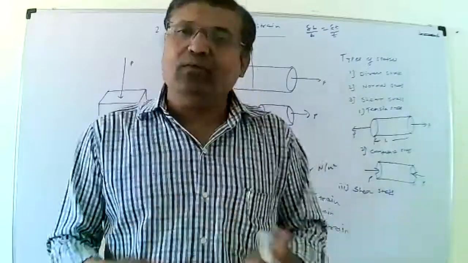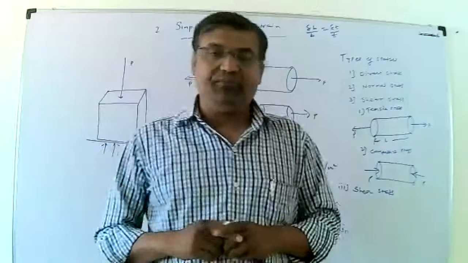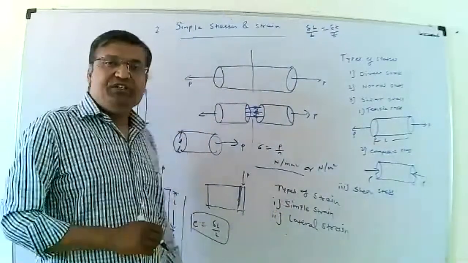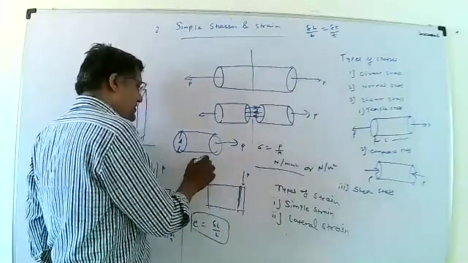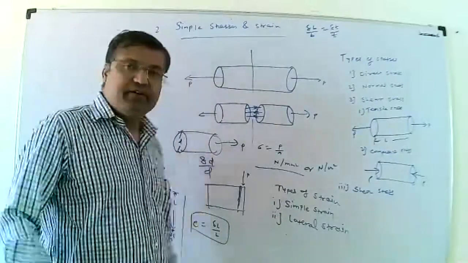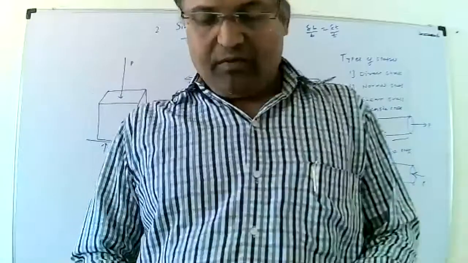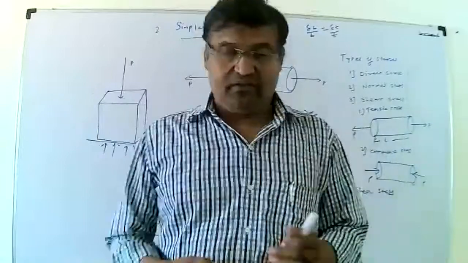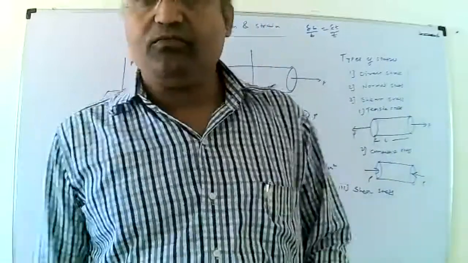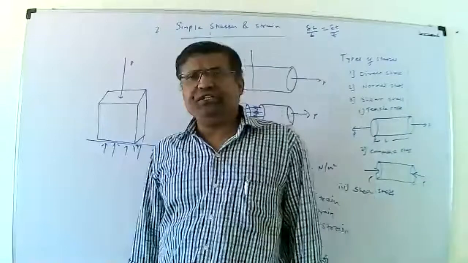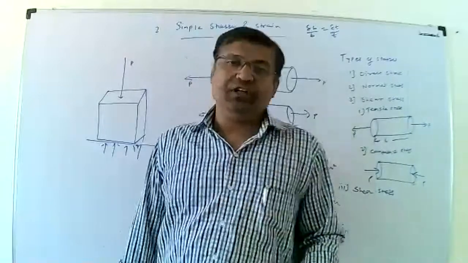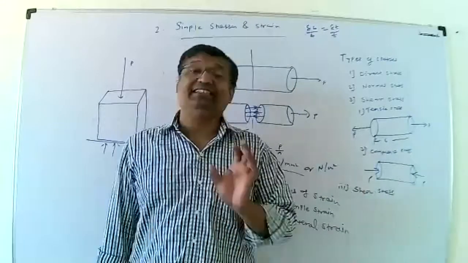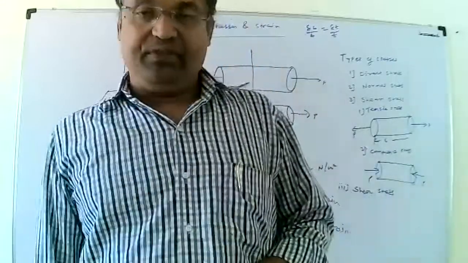A circular section has only one lateral dimension, that is the diameter D. The change in lateral dimension is delta D upon the original dimension D. The ratio of change in lateral dimension to the original dimension is said to be lateral strain.